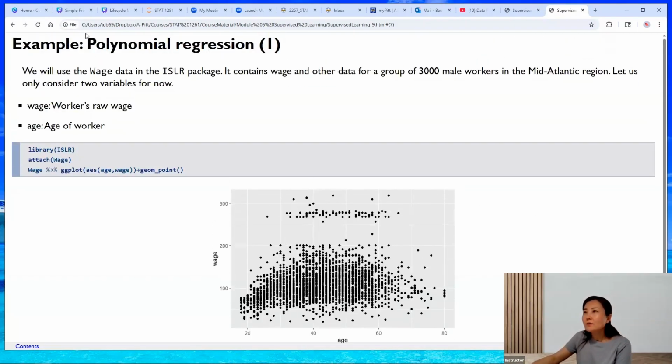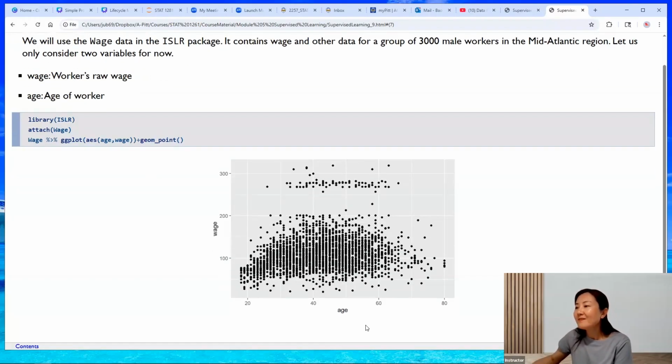So let's use one data set, which is the wage data set built in this package, ISLR. This is a package associated with the textbook I just mentioned, Introduction to Statistical Learning with R, which is ISLR.